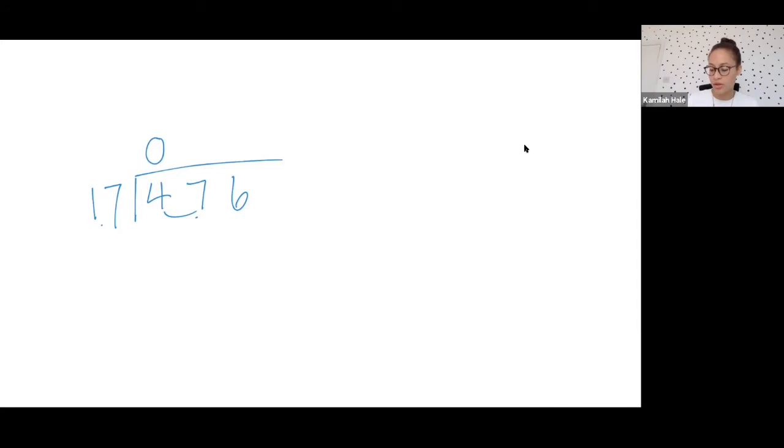So that will go in twice. 17 times 3, just in case you weren't sure, that's 51. So it's too big. So what is the difference between 47 and 34? Can anyone tell me? What am I carrying? Yep, 13. So now I need to know how many 17s are in 136.